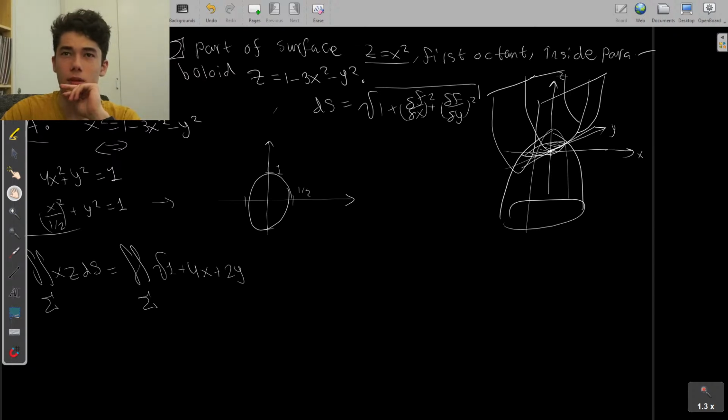Yeah, I think it's something like the general surface integral. If you have some kind of surface, it's actually good if I recall this because it's very good.